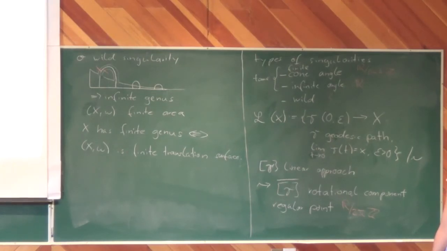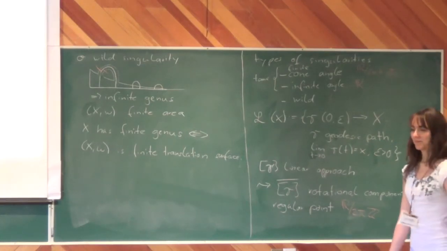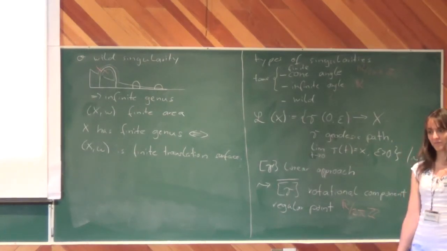Have you explored, say, taking your favorite essential singularity and multiplying by dz, to see what the flat picture of this is? I don't know yet. But if your conjecture is true, then it should only be an infinite angle singularity. Yeah, because if you have genus accumulating there, you don't have a local invariant.